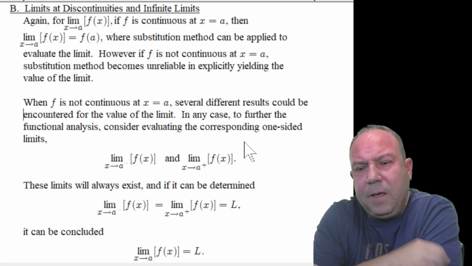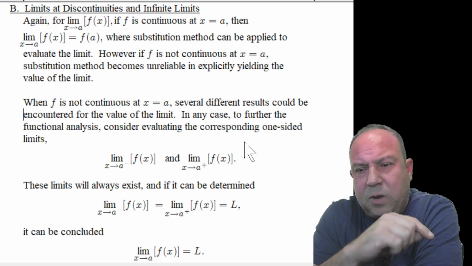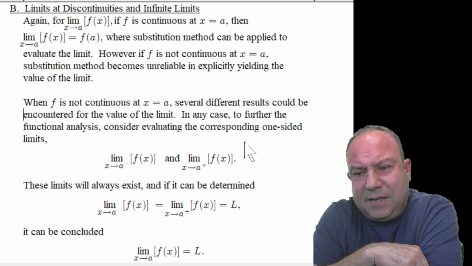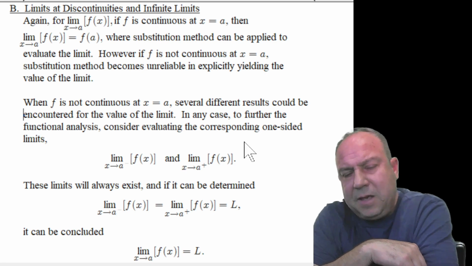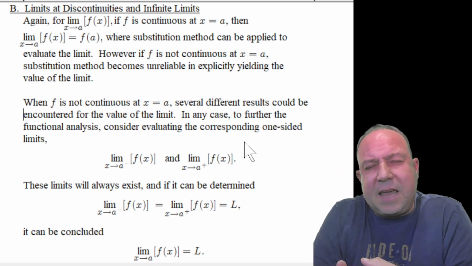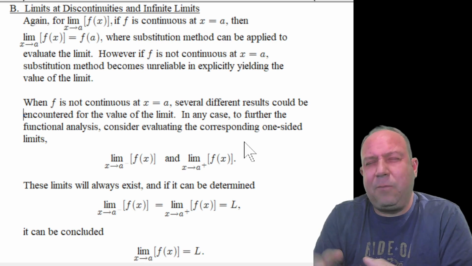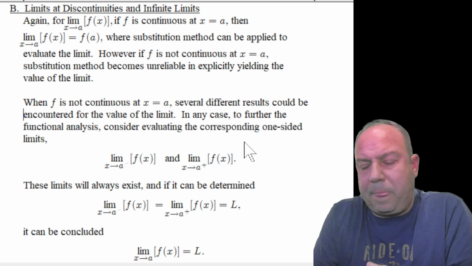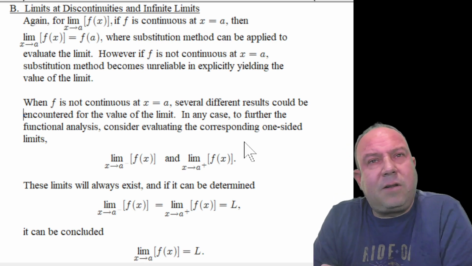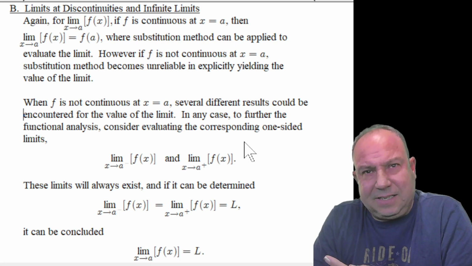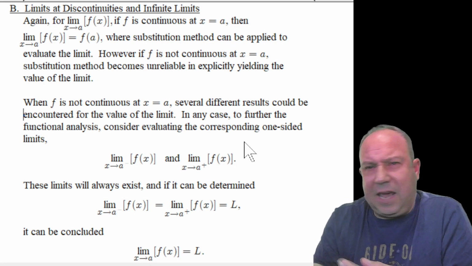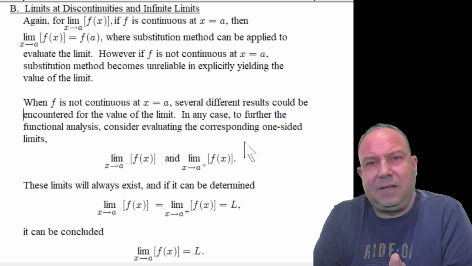All right. Well, to begin with, when f is not continuous at x equal to a, there is the possibility that a limit still exists and we can evaluate our limit, or there's a possibility that our limit simply does not exist, and we can't evaluate our limit, right?